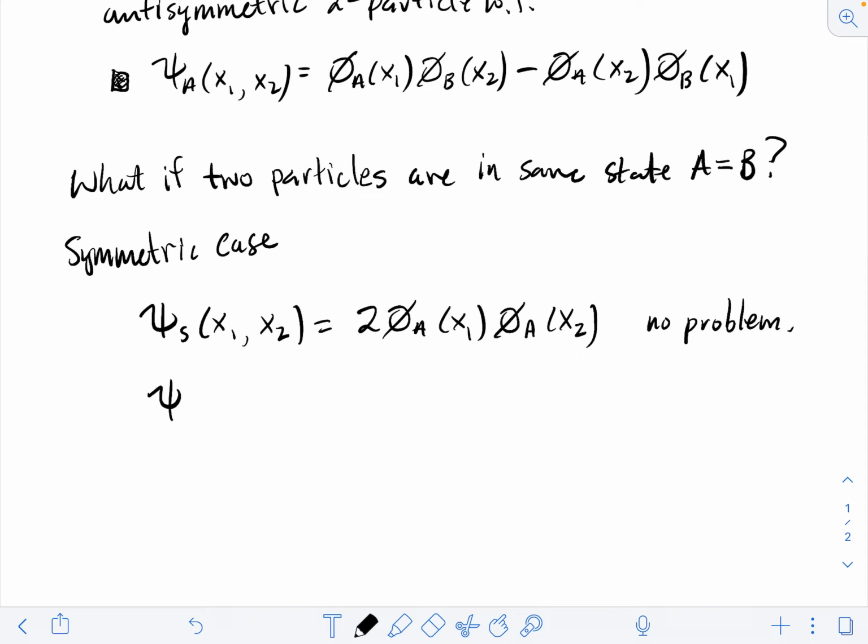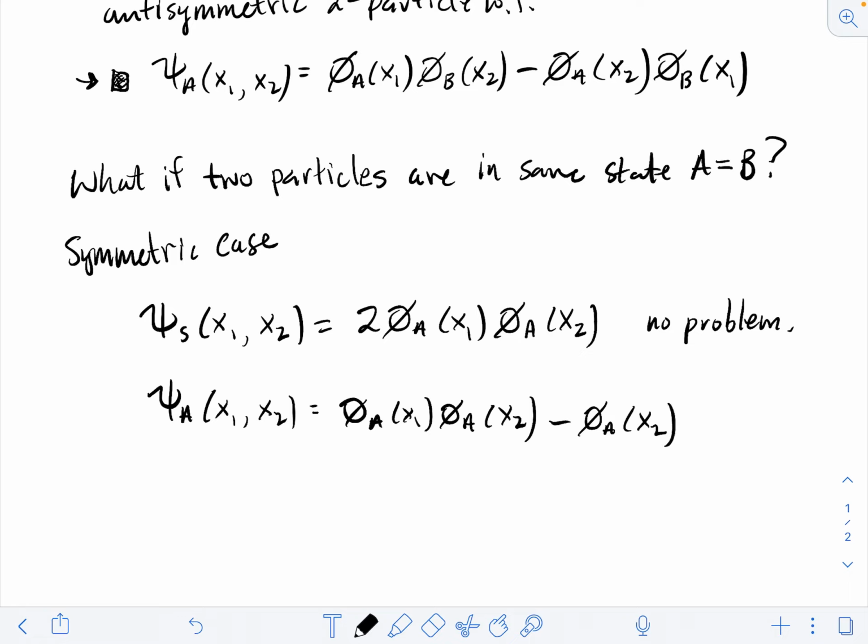In the anti-symmetric case, however, when we do this, I'll write out the details in this one. Just working with this expression, wherever we see a B, we're going to replace it with an A. So phi a x1 and phi a x2 minus phi a x2, phi a x1.